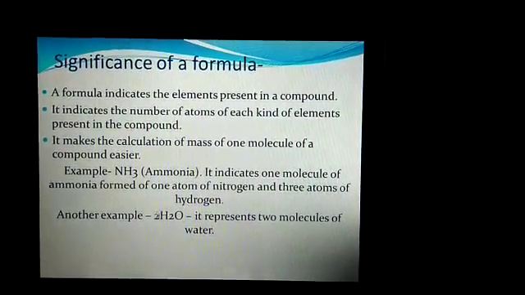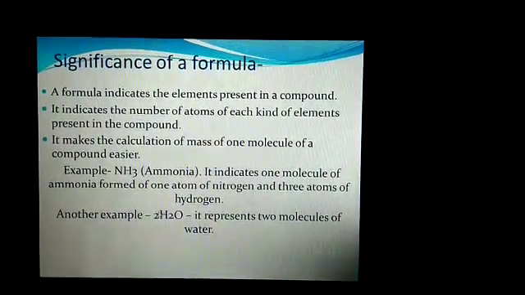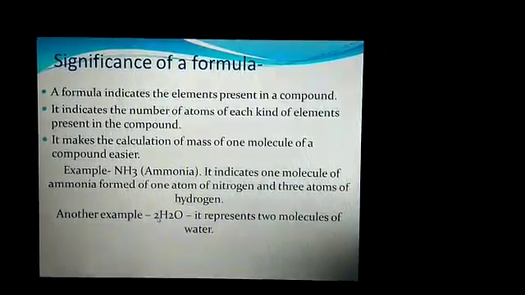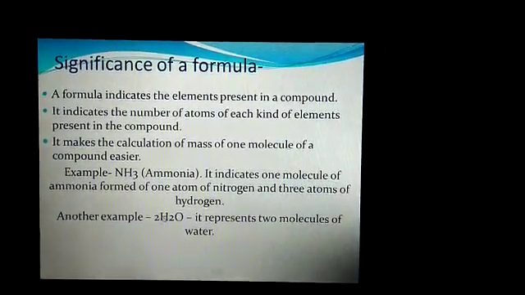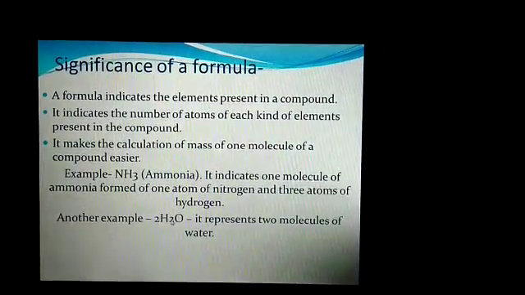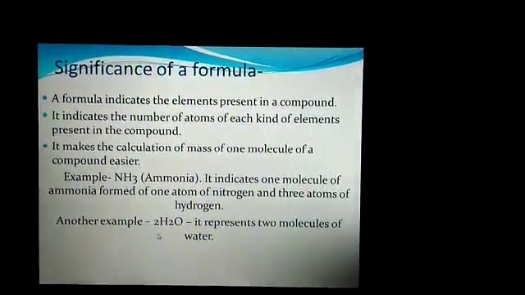This complete formula represents 2 molecules of water, because 2 is written before H2O. If it were 3, then 3 molecules of water, and if it were 4, then 4 molecules of water. For more details, just go through your textbook.